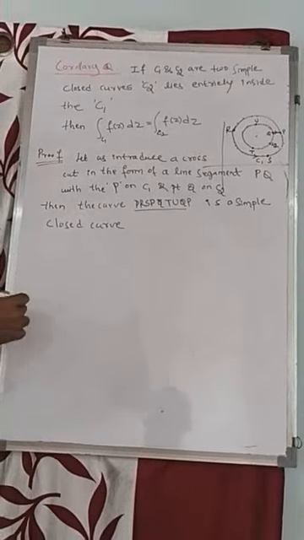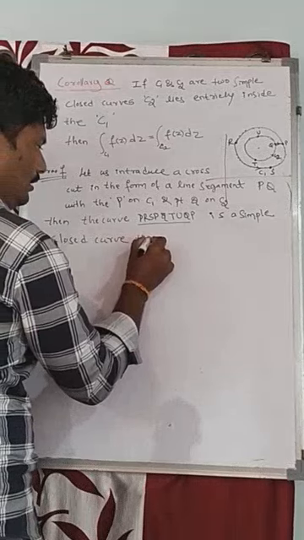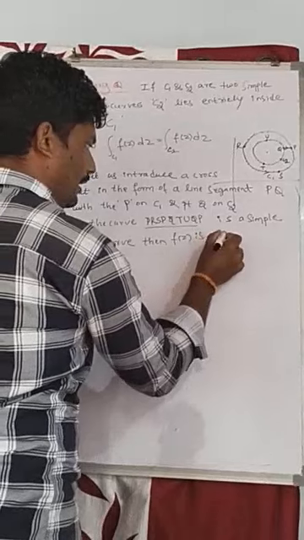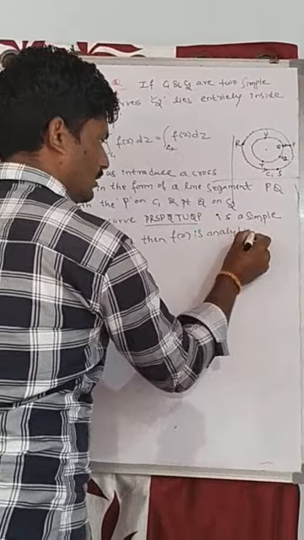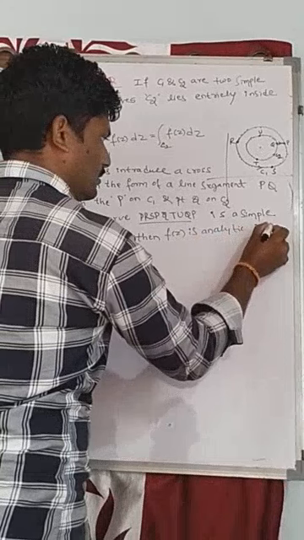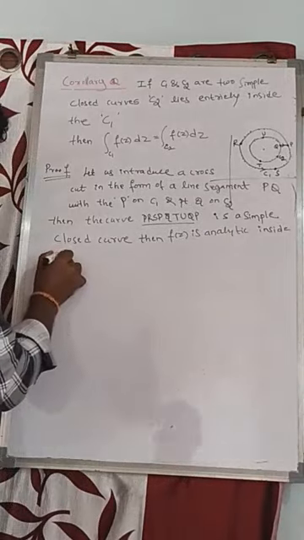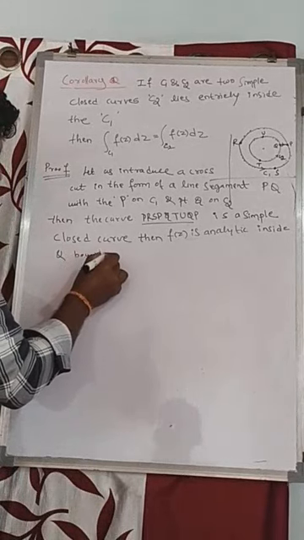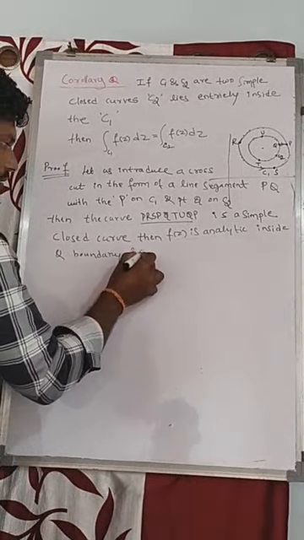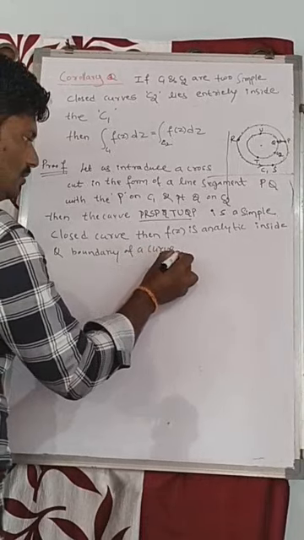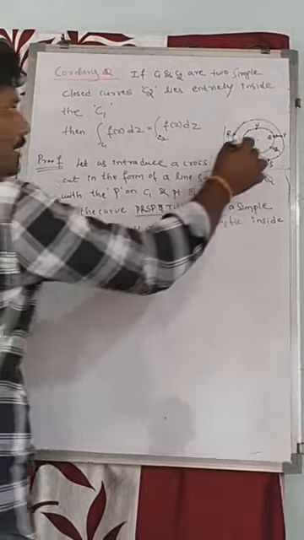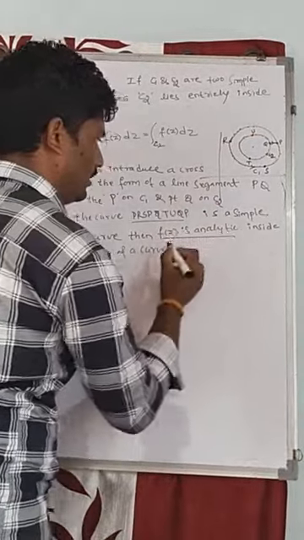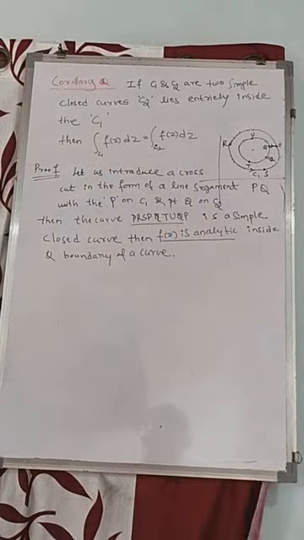Then f of z is analytic inside and on the boundary of the curve. When f of z is given as a function analytic inside and on the boundary of the curve, it is proved analytic.